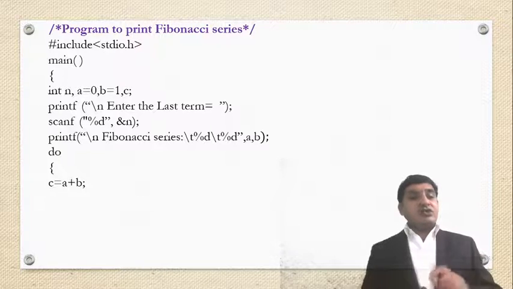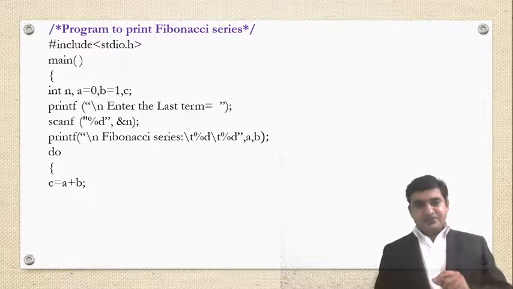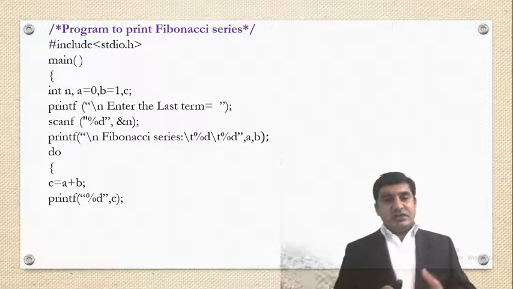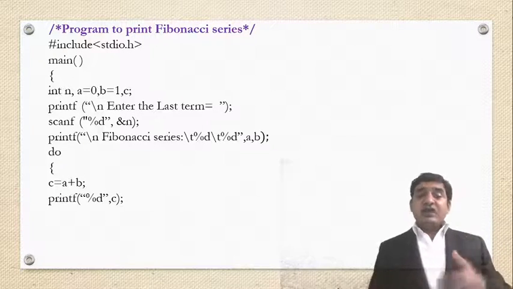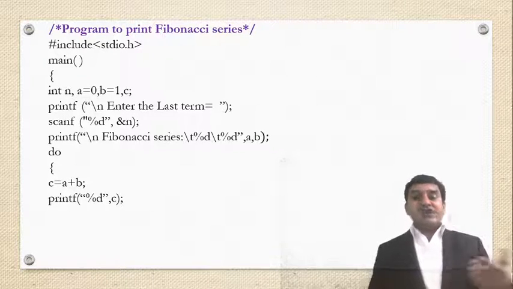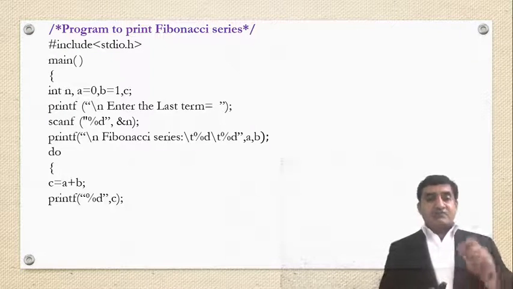So c is equal to a plus b. This is the third term. Now we have to display the third term on the screen. For that we use the output function printf with %d.